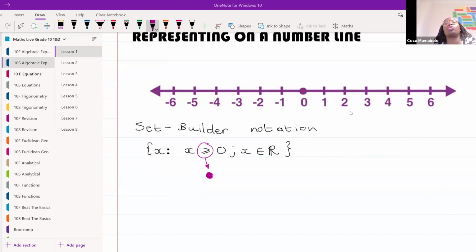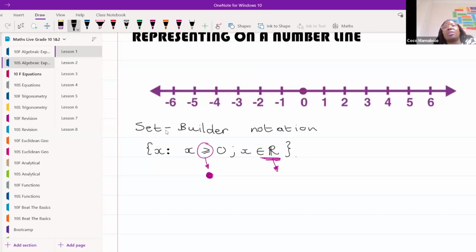Good. We're going to put a closed dot. Where is my closed dot going? At which number? Which number is my closed dot going to? Good, correct. My closed dot is going to sit at 0, right? But this time, look at what we're including. X is an element of real numbers.